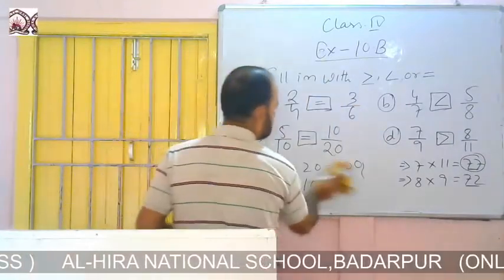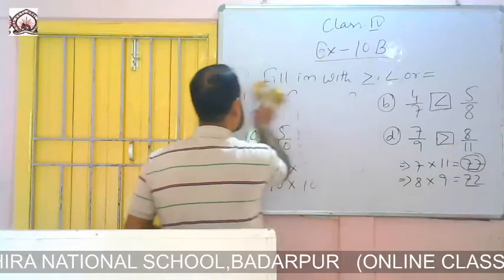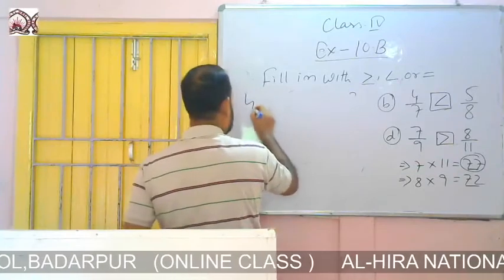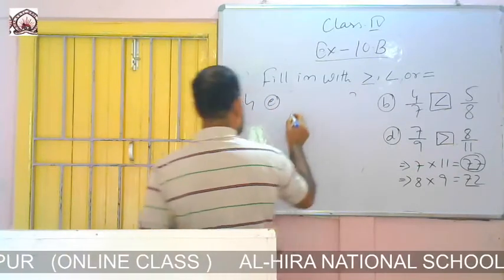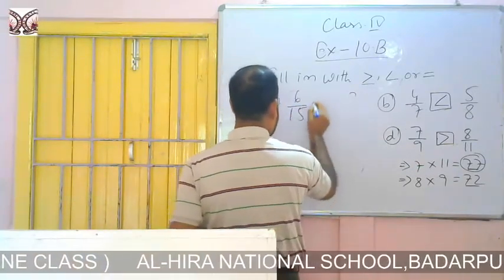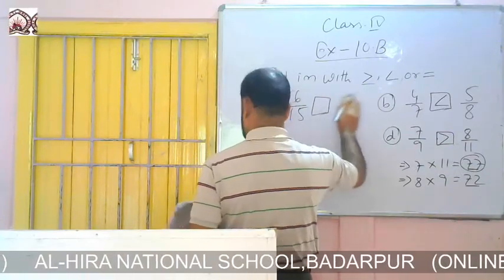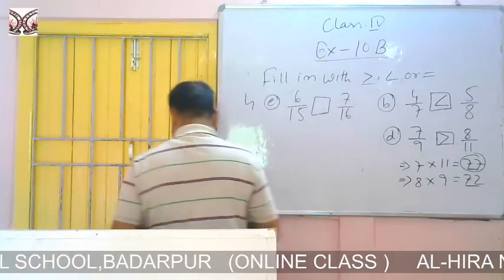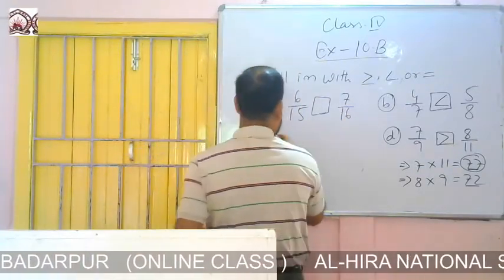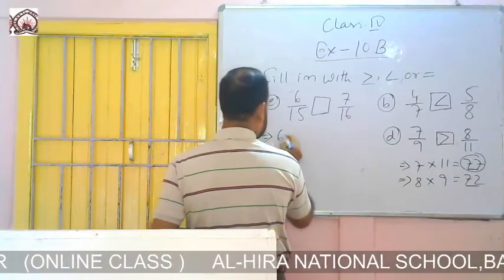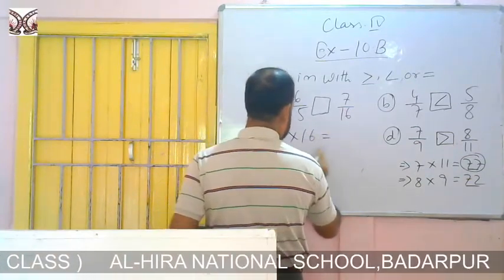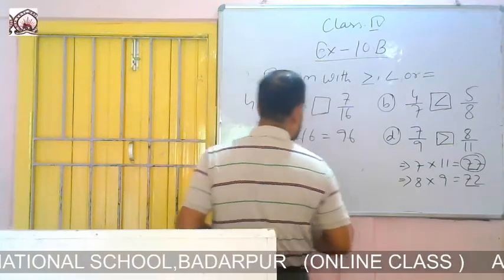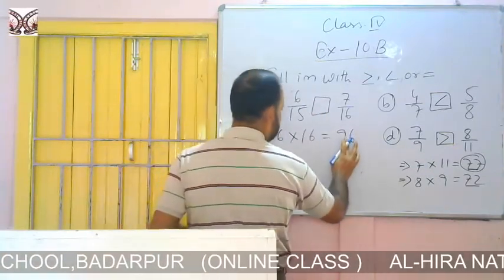Next, 6 by 15, 7 by 16. We do cross multiplication. 6 into 16, 6 16 are 96.